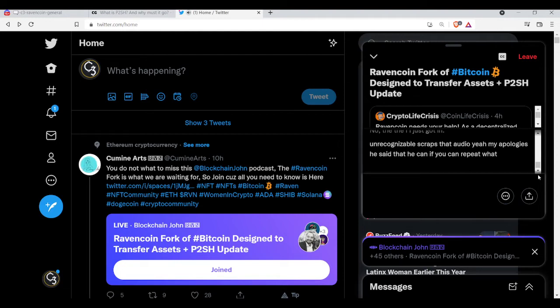Sure. Okay. So P2SH stands for pay to script hash. So instead of paying the Ravencoin or asset to a specific address, it gets paid to the hash of a script, and that allows you to create a script using the available opcodes in the scripting language to create a number of different functionalities.